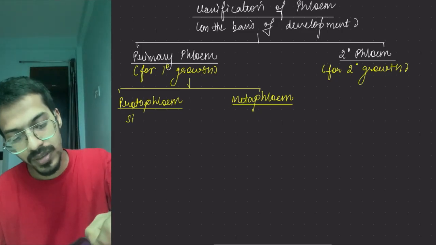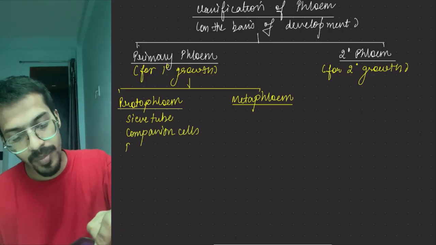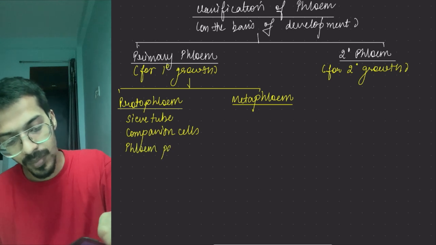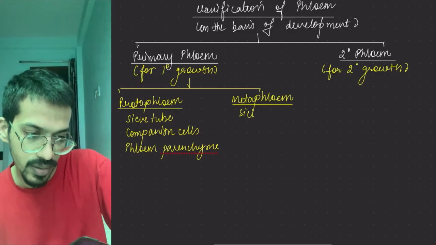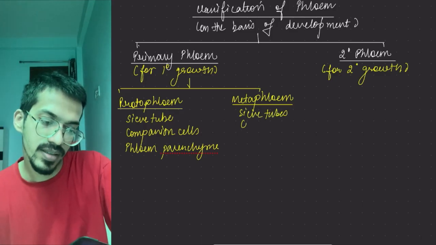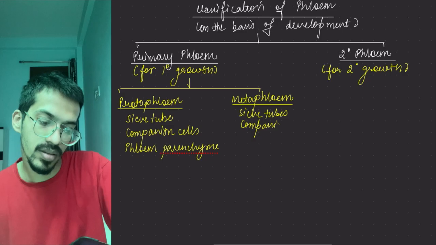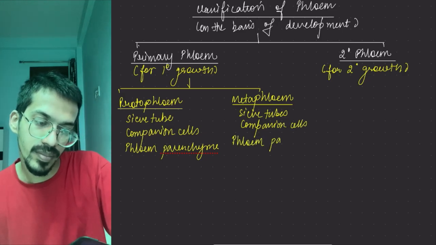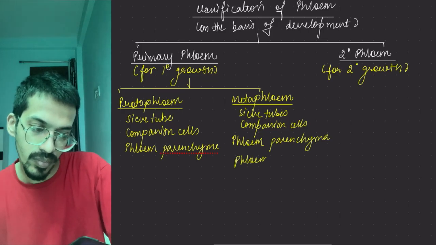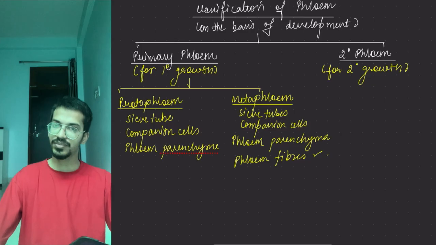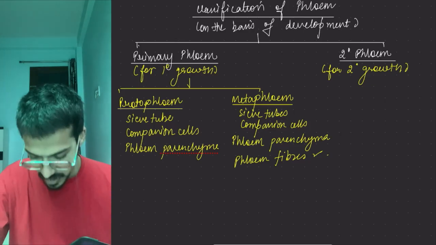Sieve tubes, companion cells, and phloem parenchyma. Here what would be here? Sieve tubes, companion cells, phloem parenchyma, and phloem fiber. So this is seen in case of metaphloem. Their arrangement also would consist of this thing.